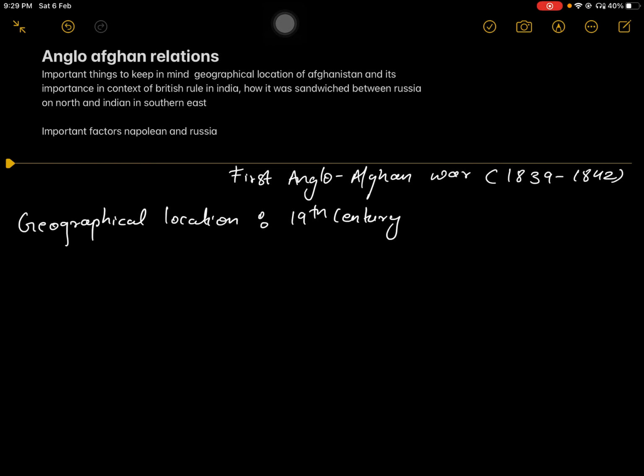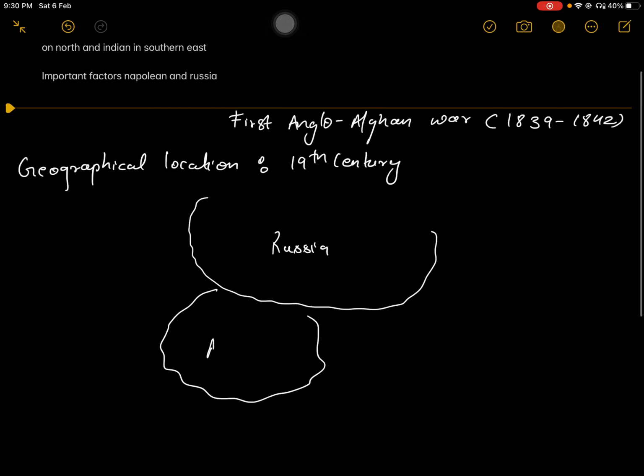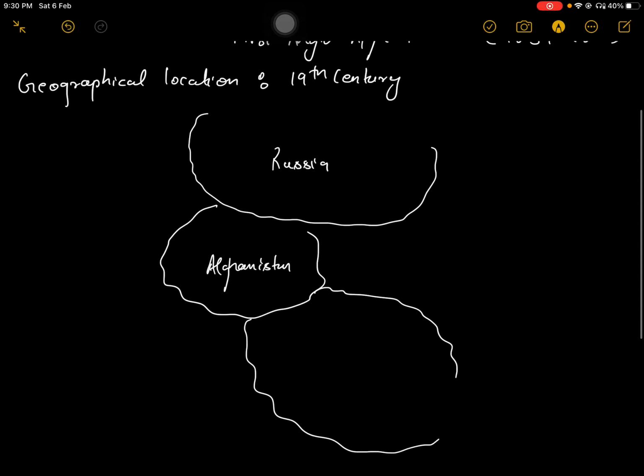So at that time, on the north it was Russia. To the south of it was the region of Afghanistan. And to this part, let us say over here, you had British India.